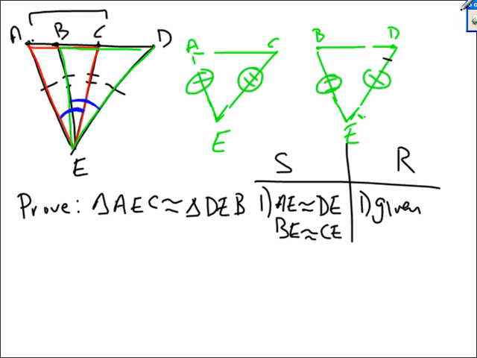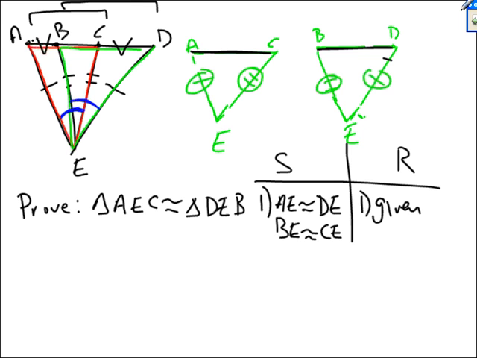I'm sorry. AB and CD are equal. AB and CD are congruent. So basically, I want to show that these two are congruent. I want to show that AC and BD are congruent.